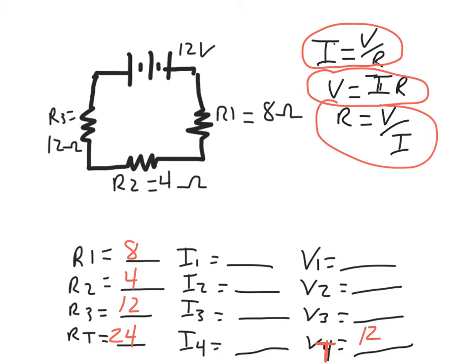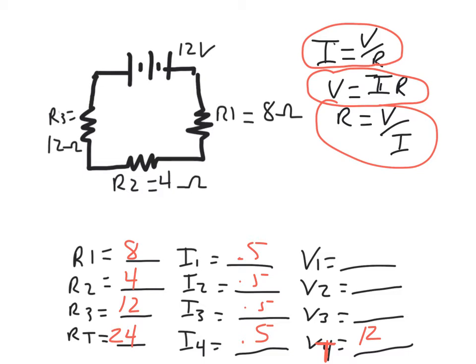I can use the formula resistance equals voltage divided by current and solve, and I get that my total current is 0.5. This being a series circuit, my current is the same throughout, so it is 0.5 all the way through.